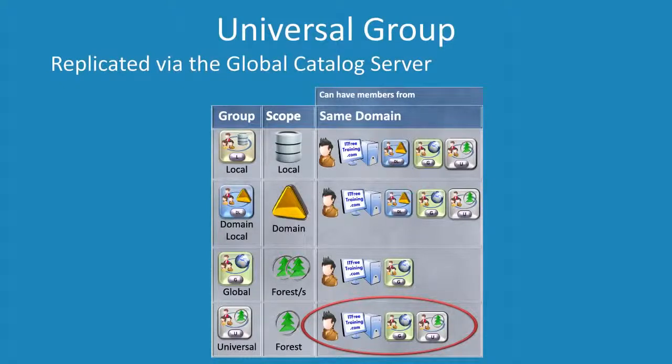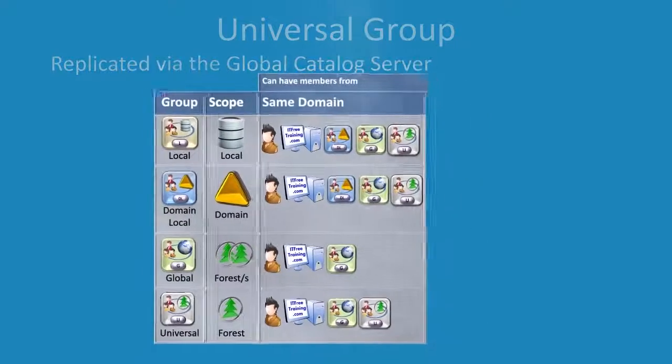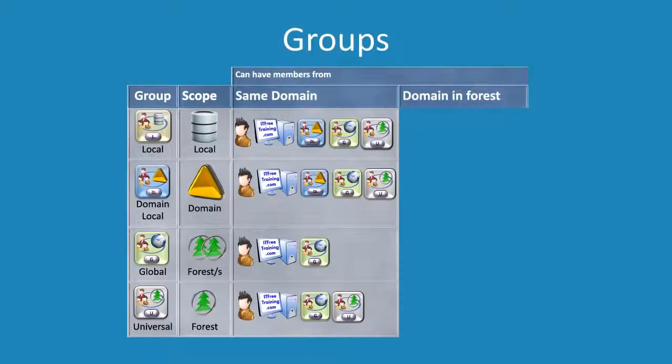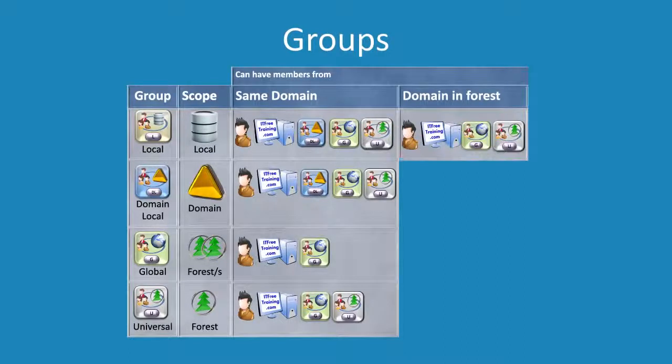So far, I have only looked at the groups at a domain level. Let's now look at what can be added to these groups when the member comes from another domain in the same forest. Local groups support everything except domain local groups. Domain local groups cannot be used outside the domain that they have been created in, and thus cannot be added to a group in another domain.